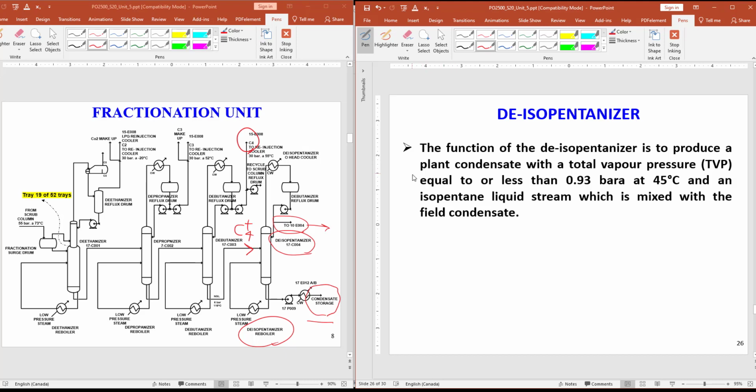We produce condensates, which have a low vapor pressure. We produce heavy products with a total vapor pressure of less than 1 bar at 45 degrees C, which is a mix of hydrocarbons at very low vapor pressure.